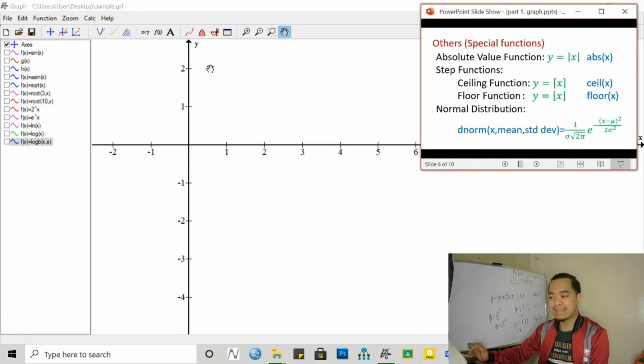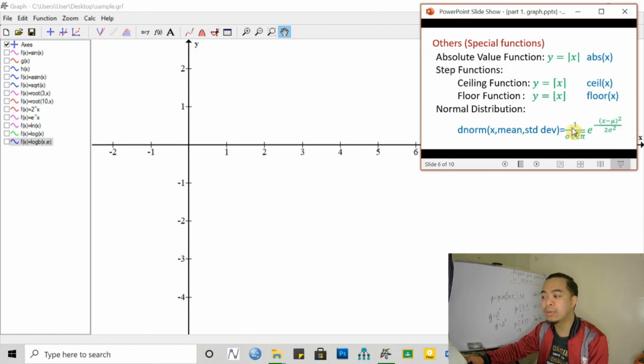For our last special function, it's the probability density function of a normal distribution. For our friends from the statistics department, they know this one. The probability density function is given by this expression here. We have 1 over sigma square root of 2 pi, e raised to negative the square of x minus mu all over 2 sigma squared.